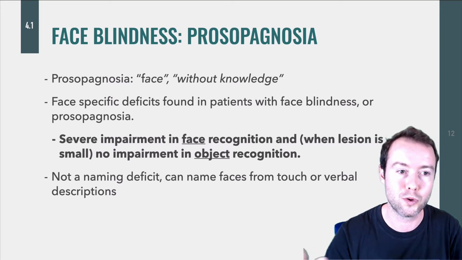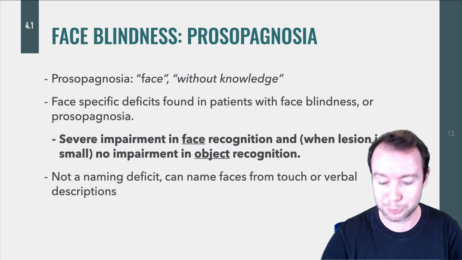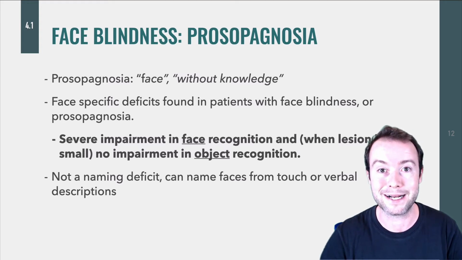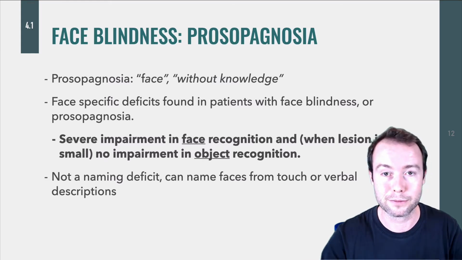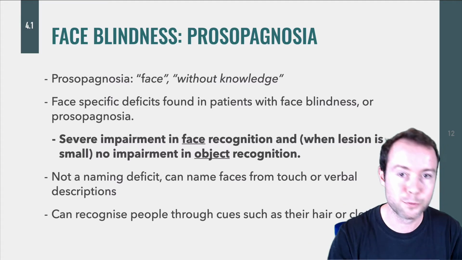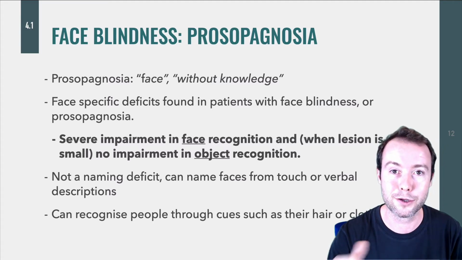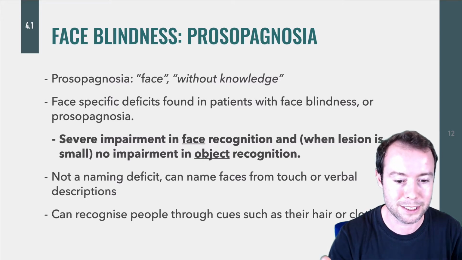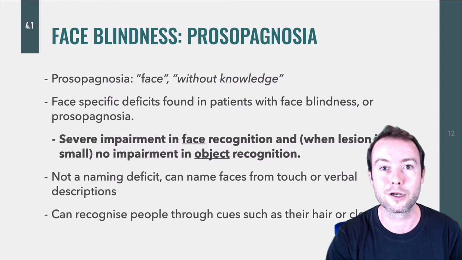It seems to be more to do with the perceptual process in identifying the patterns and the configural features of the face. You do find with prosopagnosia that a lot of people tend to get by through using other cues, whether that's someone's hair color or the clothing that they're wearing.